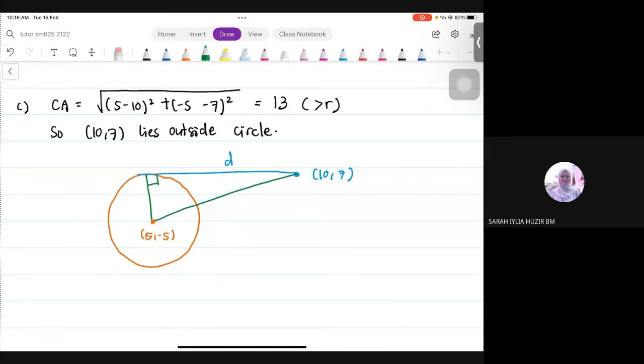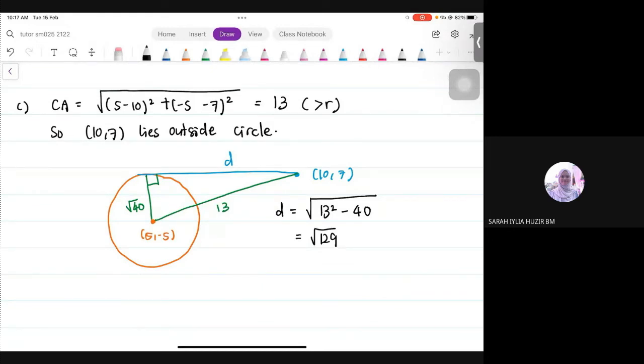D is what we have to find. Just now we found the distance between center and point, that is 13. The radius we got earlier, root 40. So straight away by Pythagoras theorem, we find the length of tangent. In this case, it would be root of 13 squared minus 40. So our answer would be root 129.